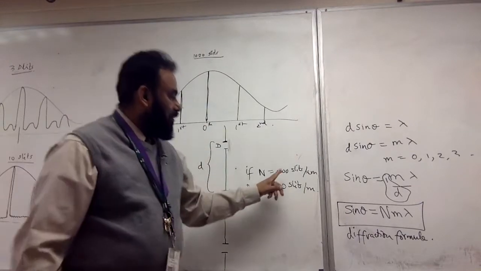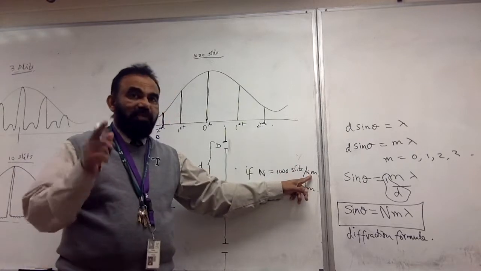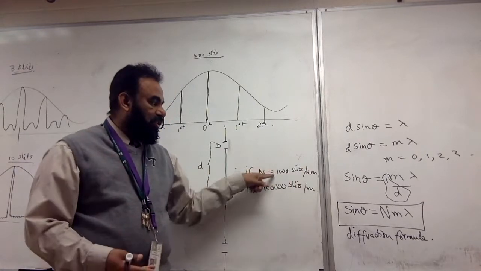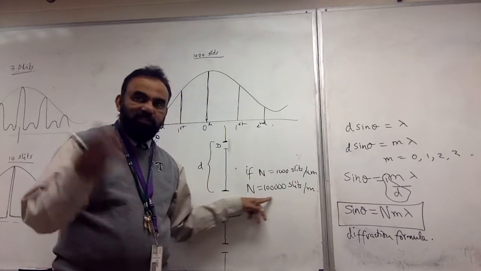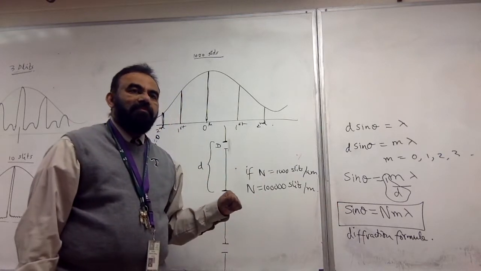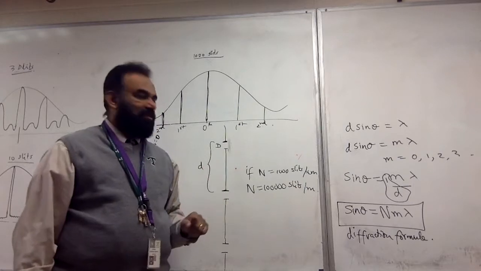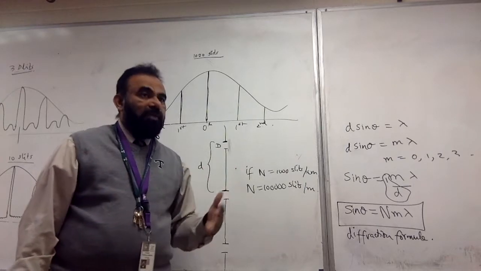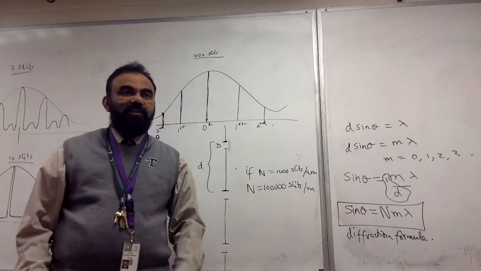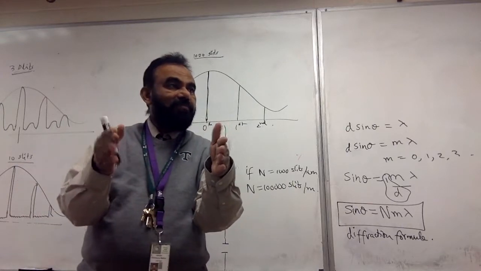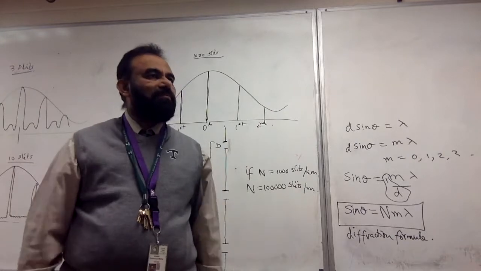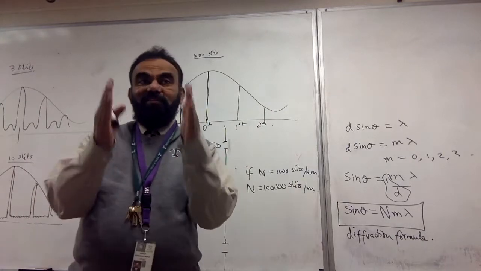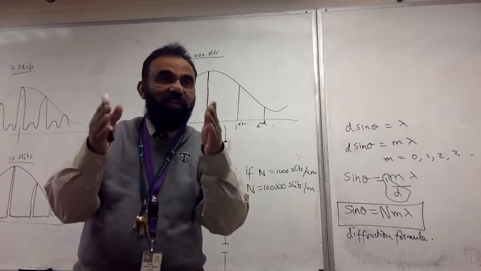So if you have 1,000 slits per centimeter, sometimes they give you in centimeters. So you should not be using this number there straight away. You have to use it per meter. So just take care of that part. Very commonly, they can give you in centimeters. Or sometimes they'll tell you, here's the diffraction grating of this size of 2.5 centimeters, and it has so many lines. So they give you the size, and they tell you how many lines are there.